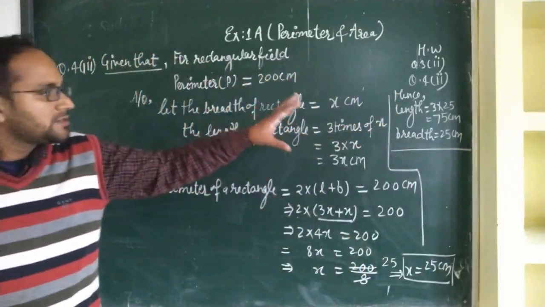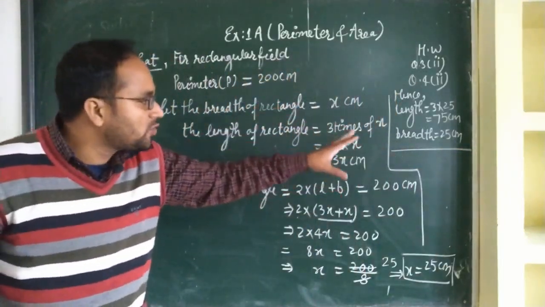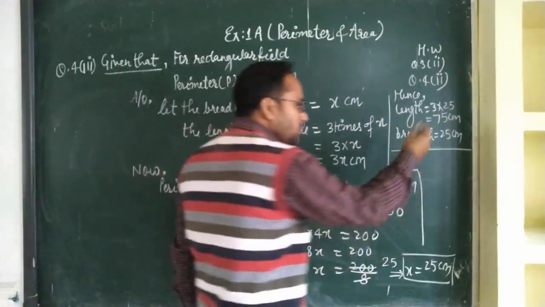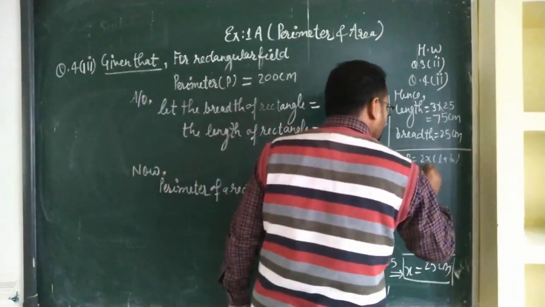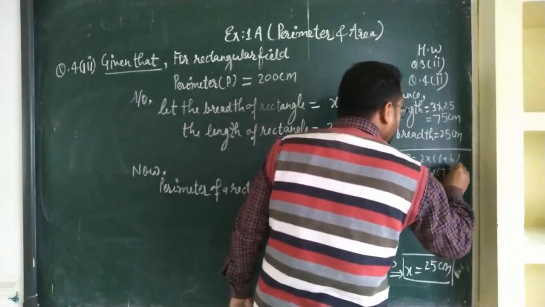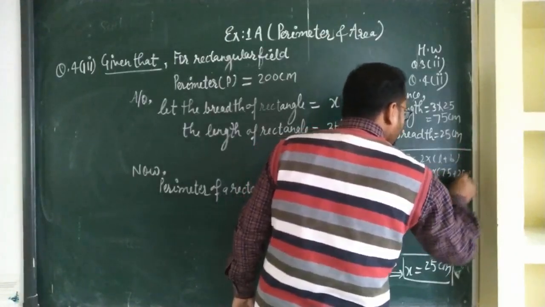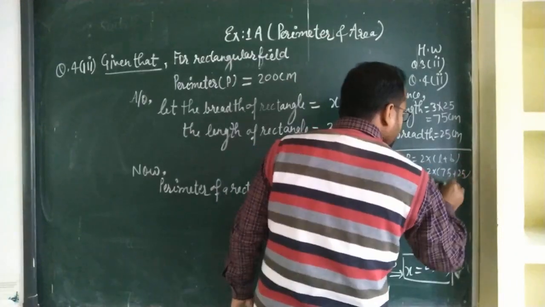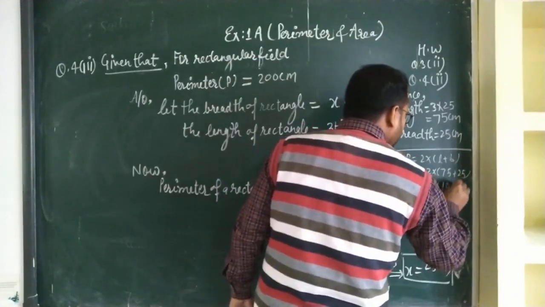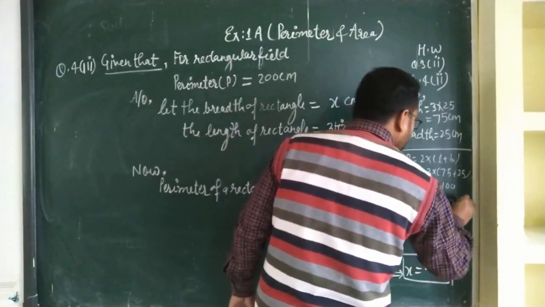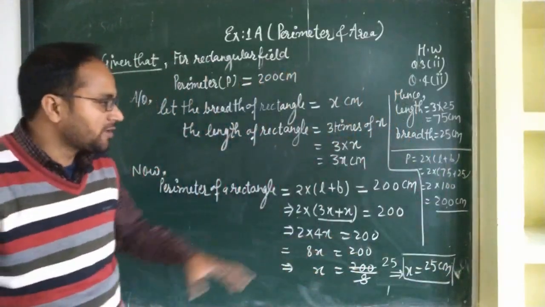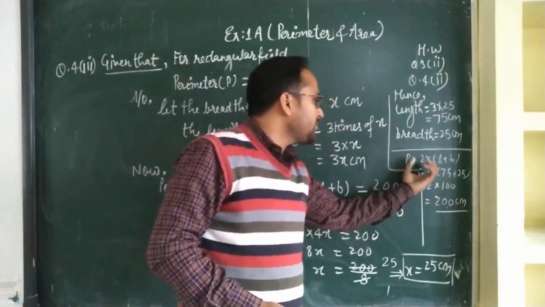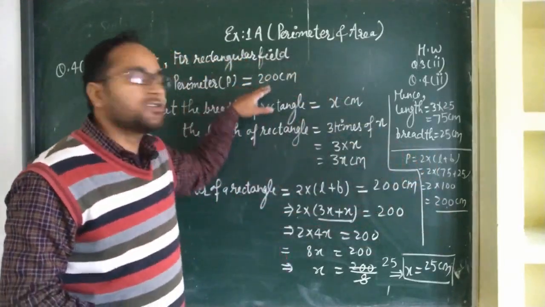Length is 75 centimeter and breadth is 25 centimeter. If you want, you can check this: 2 multiplied by (length plus breadth), 2 times (75 plus 25). If you add, you will get 100, and 100 multiplied by 2 gives 200. You can check whether your answer is correct or not. So you will get 200 centimeter as the perimeter, and this is also given.